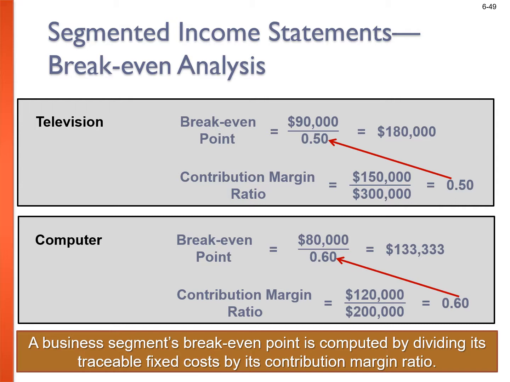Same with the computer division. Take the 120,000 contribution margin divided by the sales of the computer division, 200,000, which gives us a 0.6 contribution margin ratio. Divide that into the traceable fixed costs of 80,000 for that division. Sales break even $133,333.